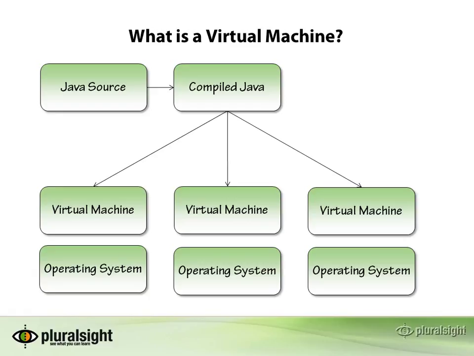So that's the basic idea of a virtual machine, is that it's virtualizing the operating system. It's virtualizing your application so that it can run on any operating system, and it doesn't have to be written specifically for that operating system. And that's kind of really the key advantage of Java.